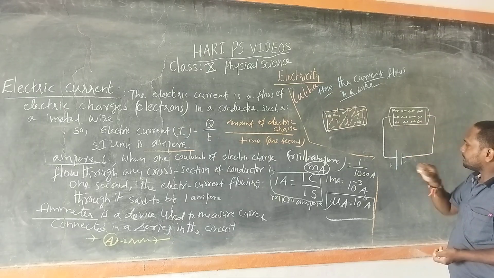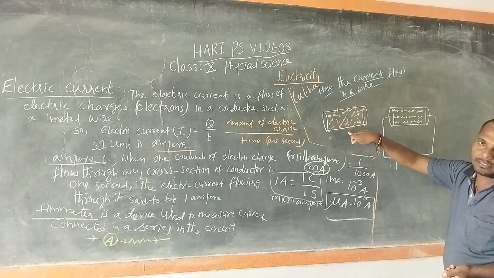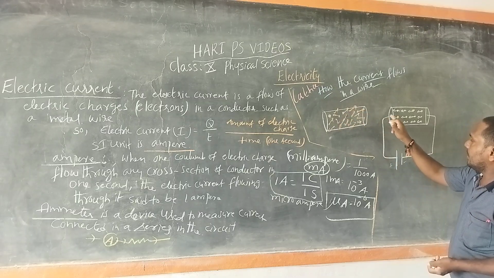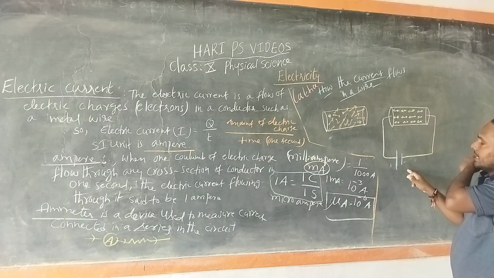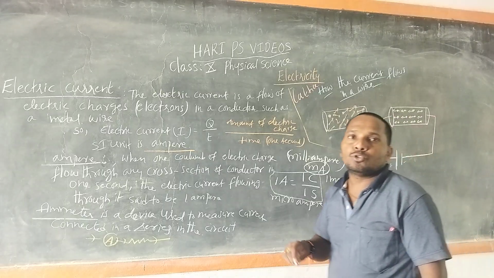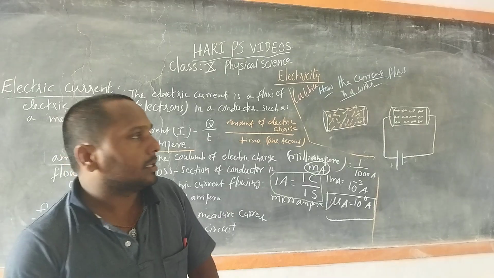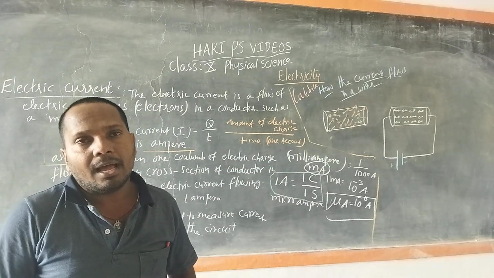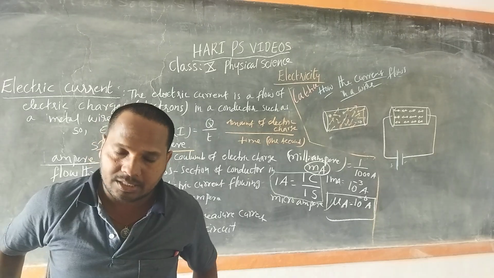The electrons move randomly until the metallic wire or conductor is connected to a cell or a battery, or a source of electricity.